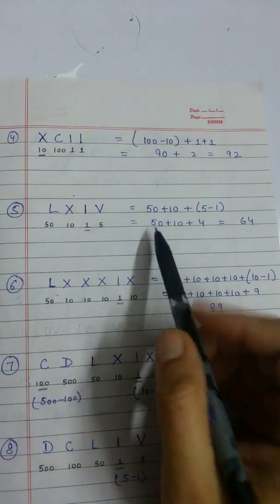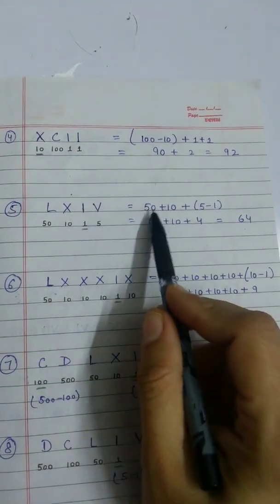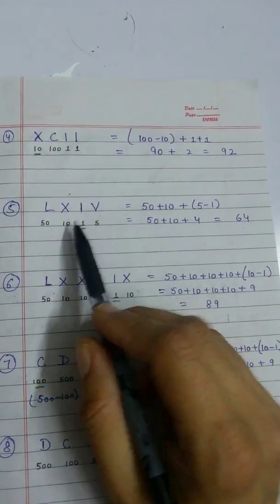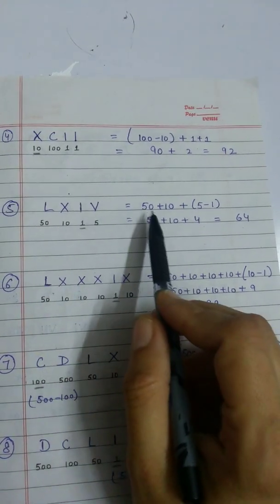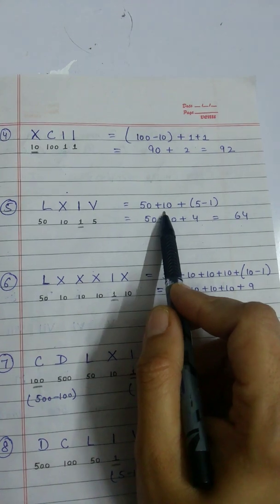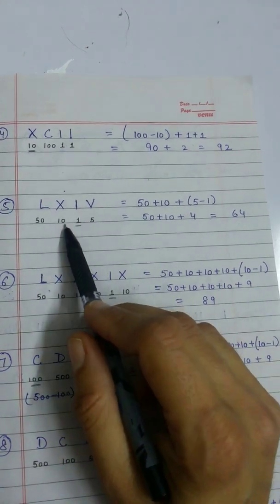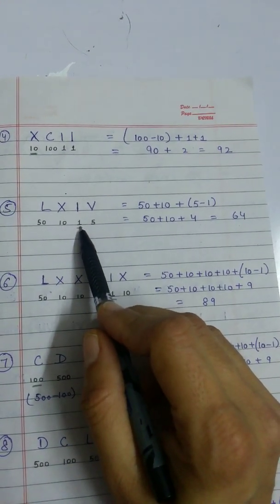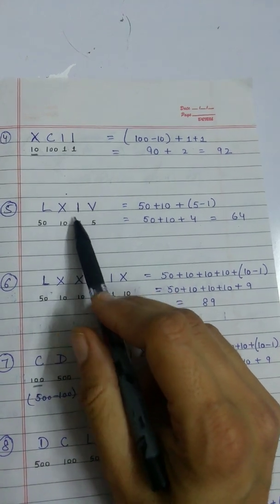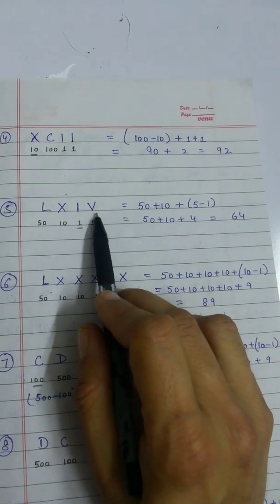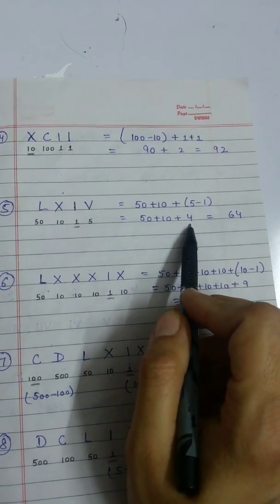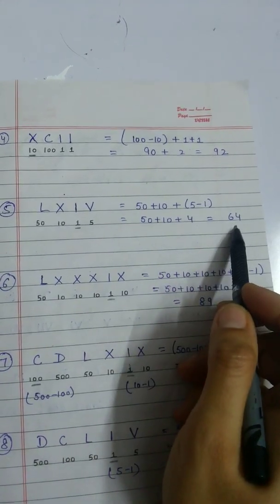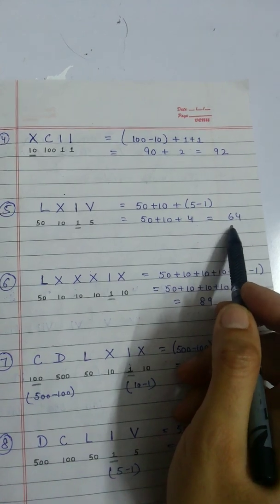So let's see, 50 is here, 10 is here, so 10 will be added to 50, because 10 is less than 50. So 50 plus 10, plus, should I do plus 1? No, I will not. Why? Because this 1 will be subtracted from the symbol on its right. So 5 minus 1 becomes 4. So it will be 64.